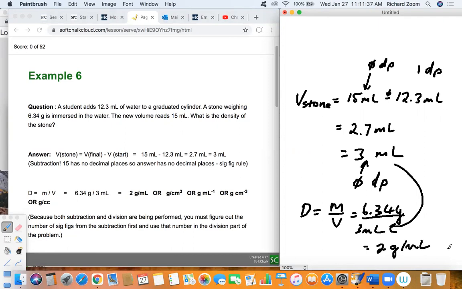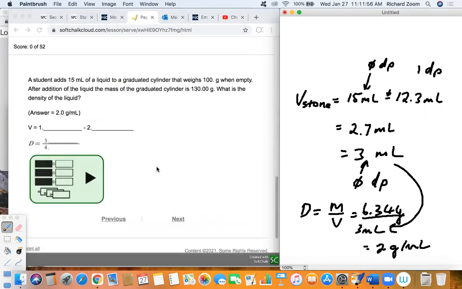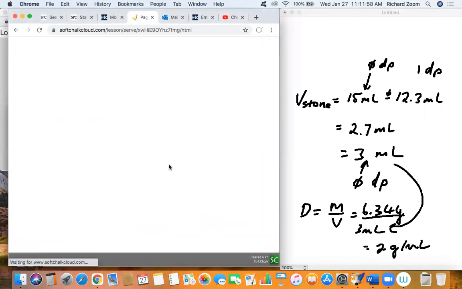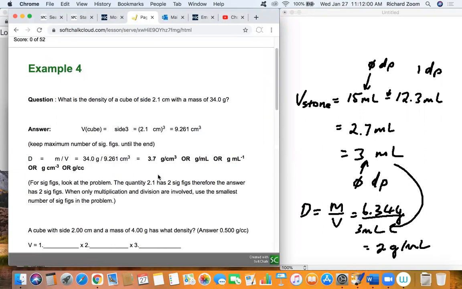So this is a bit confusing because anything that involves a mixing of operations, we need to get the sig figs from the first operation, which is subtraction, and then deal with the significant figures we're getting from the multiplication and division. I want you to contrast this with the previous problem where all of this is multiplication and division.